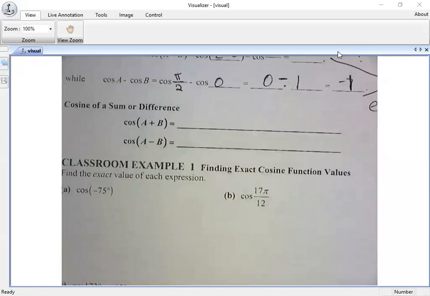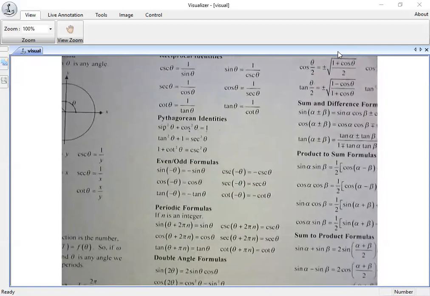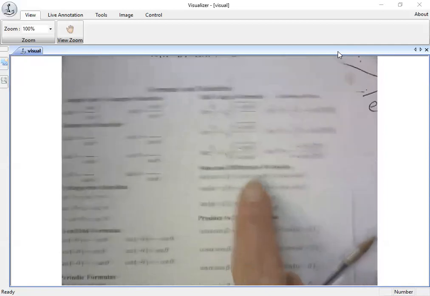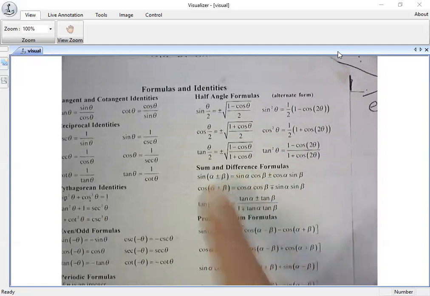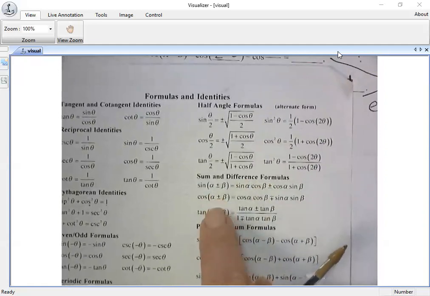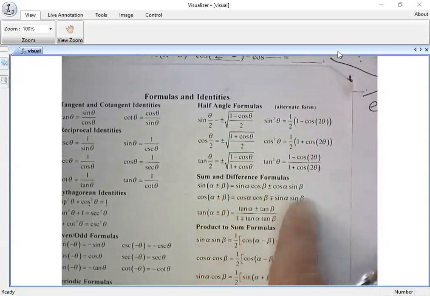And if you were to look on your sheet, here's what you would see. There are sum and difference formulas here. Now, the way you read it off your sheet is this. They're going to have a plus sign over a minus sign. That means if you're using the plus sign, you're going to use whatever is on top whenever you look at this over here.